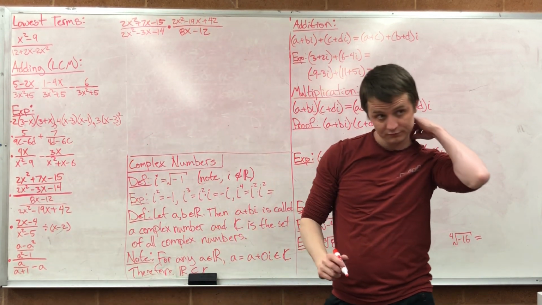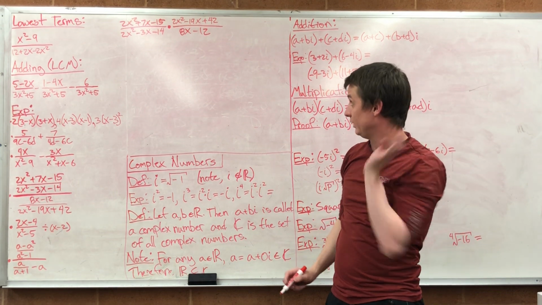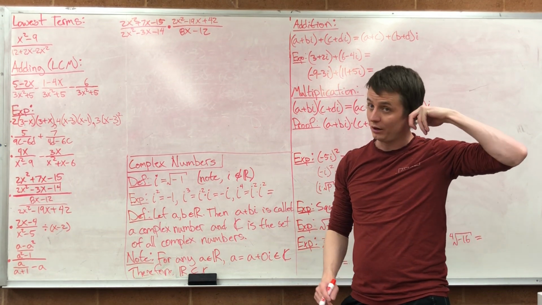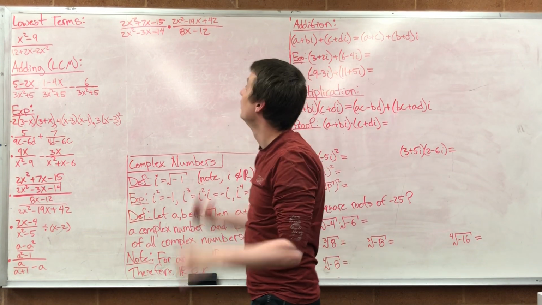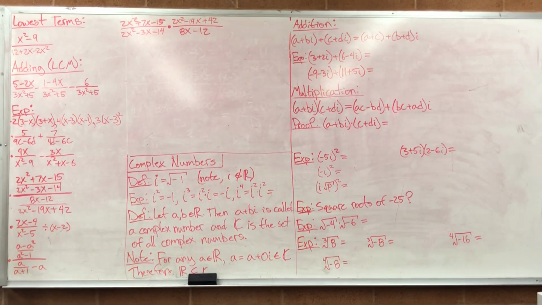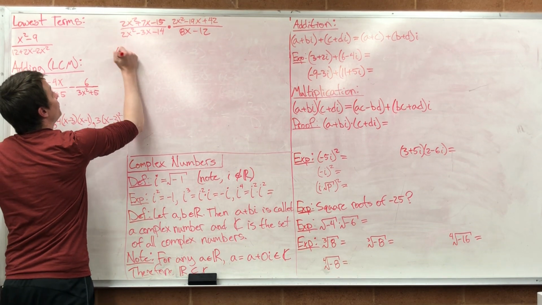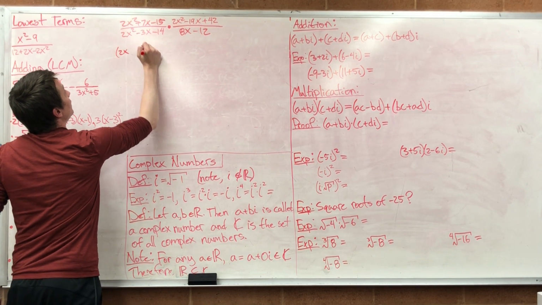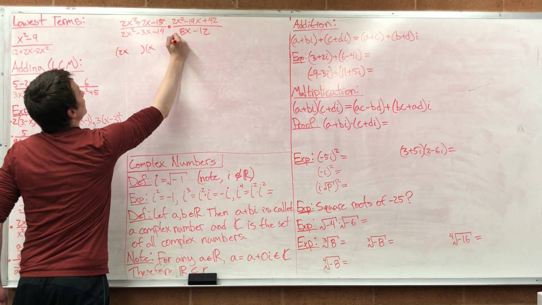Right? Now we factor everything to see what cancels out before we go crazy doing this super ugly multiplication. So let's rewrite this term. We're going to have a 2x and an x.